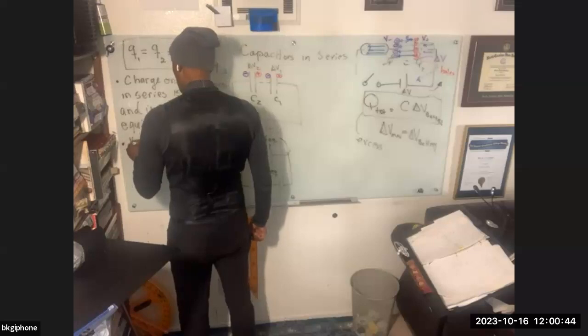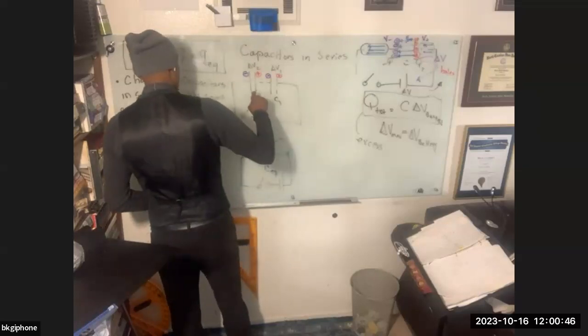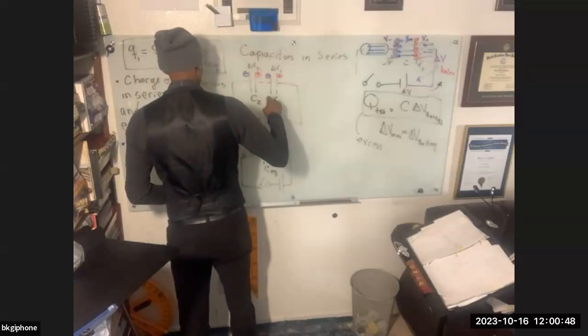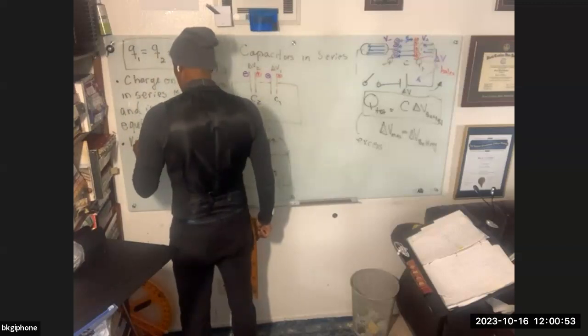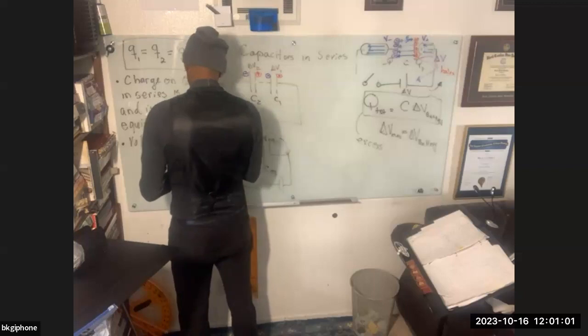Voltage is inherently different. Now, it will be the same voltage if you choose the capacitors to be the same, but inherently different. So voltage is inherently different. That's the word that I like to use.